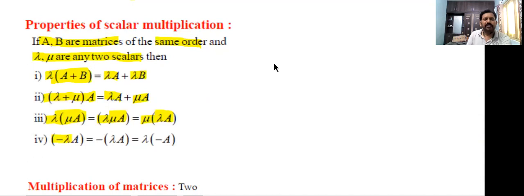Minus lambda into A, minus of lambda A, lambda into minus A, these are all equal. These properties you already know very well. Okay.